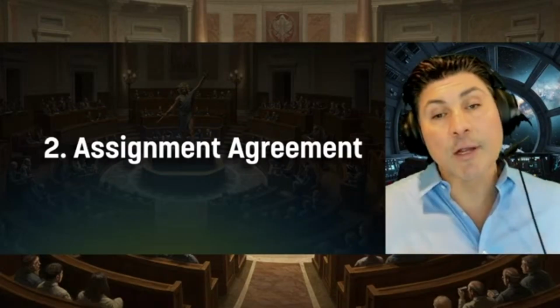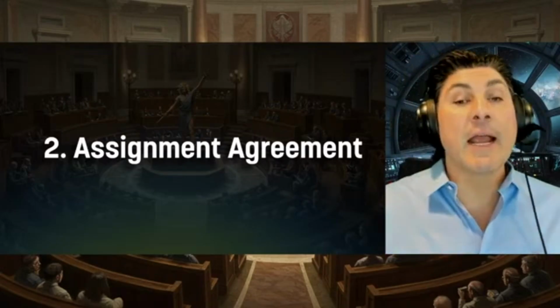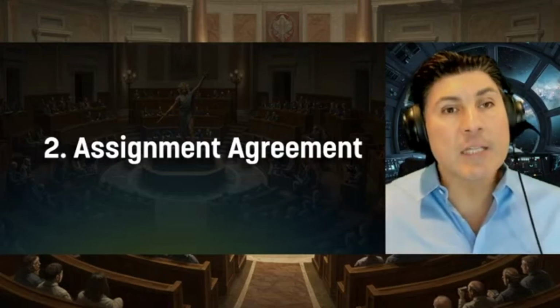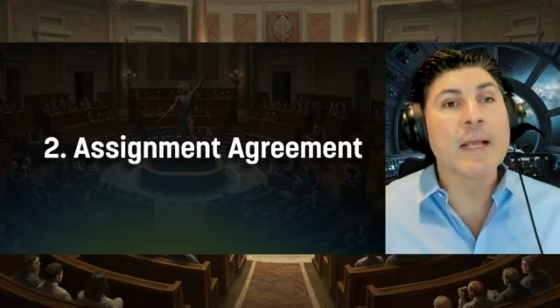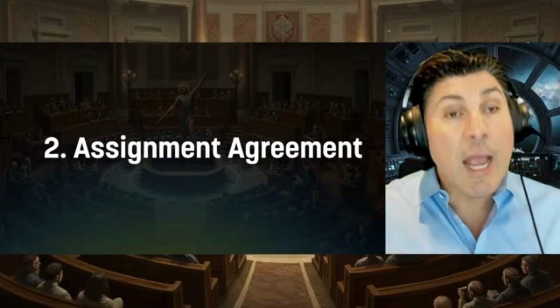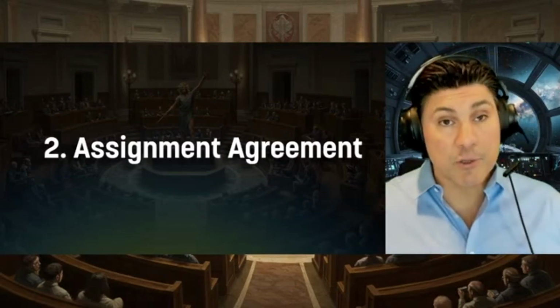So, fully executed contract. The next thing you're going to do, if you are going to assign it, is you're going to need an assignment agreement. Now, what I practice and teach is changing the mindset so that you are an investor first, looking at this opportunity as if you are going to be purchasing it.